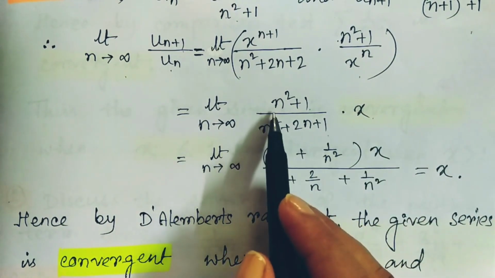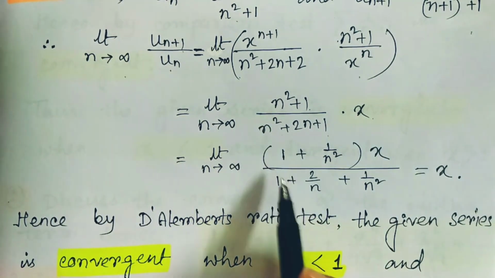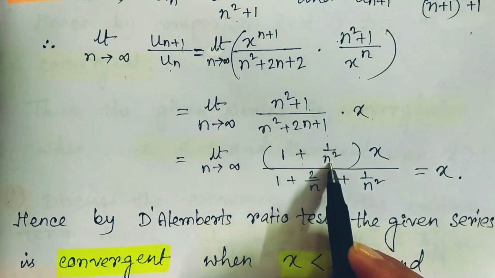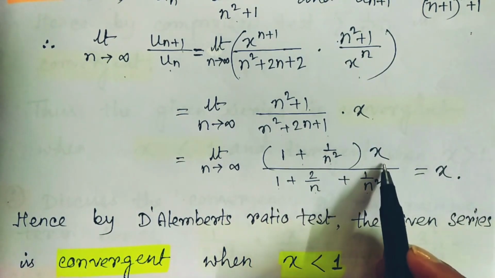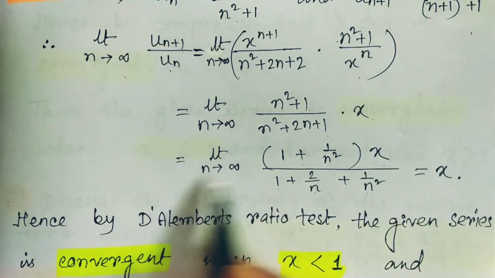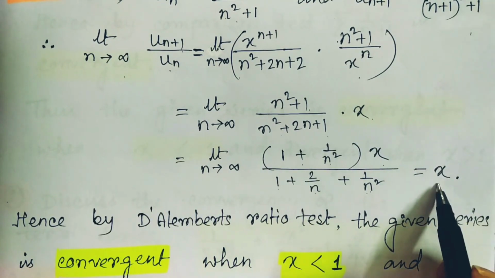If we divide numerator and denominator both by n square, we find 1 plus 1 upon n square divided by 1 plus 2 by n plus 1 by n square into x. If we take the limit, then definitely these three terms are 0. So finally we get the value x.